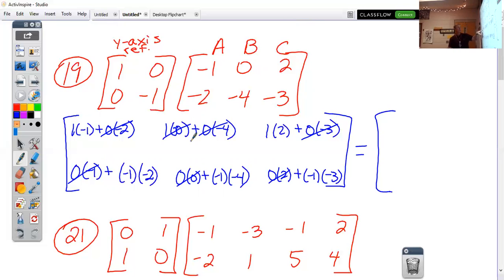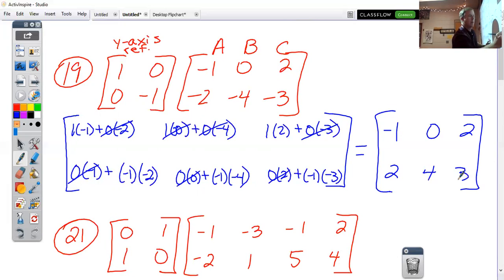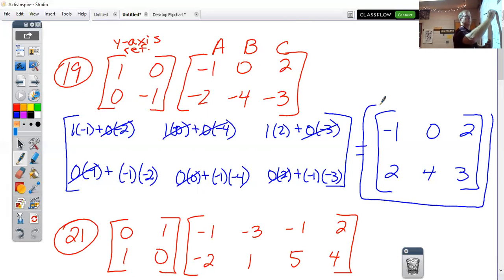So we're left with -1 times 1, -1, and then 0. 1 times 2 is 2. 2, 4. And finally, 3. There's my answer.